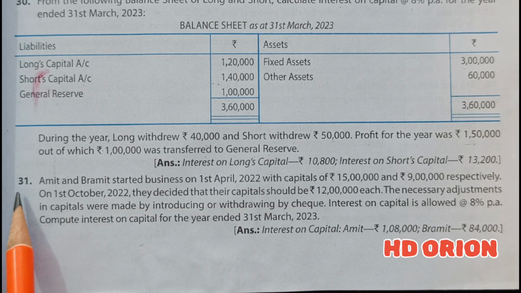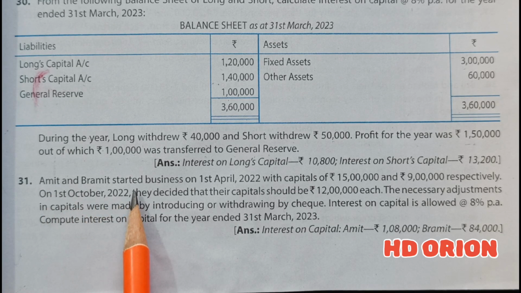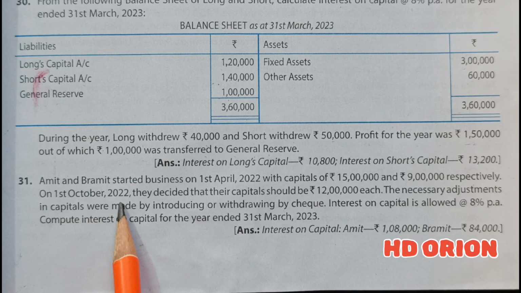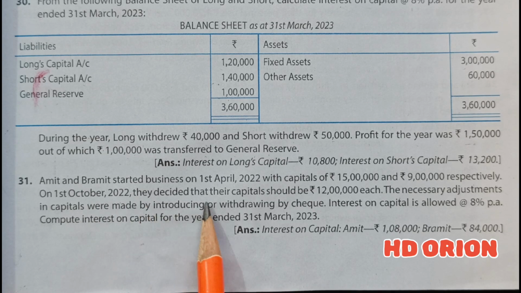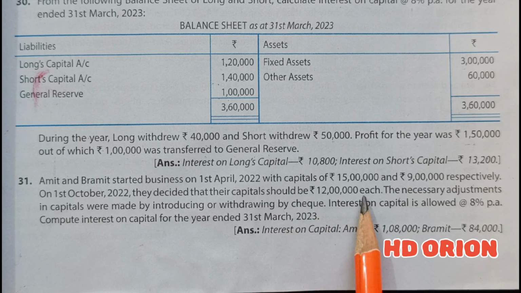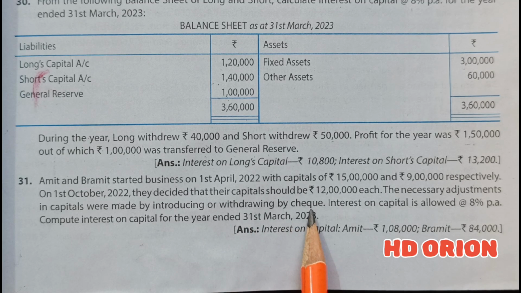Now let us see question number 31. Amit and Bramit started business on 1st April 2022 with capitals of rupees 15 lakh and rupees 9 lakh respectively. On 1st October 2022, they decided that their capitals should be rupees 12 lakh each. The necessary adjustments in capitals were made by introducing or withdrawing by cheque.